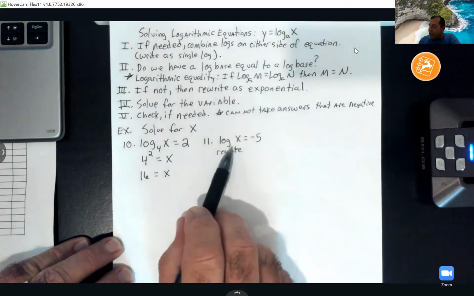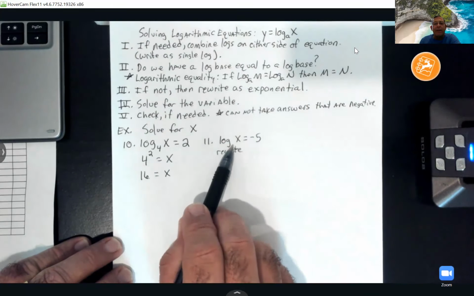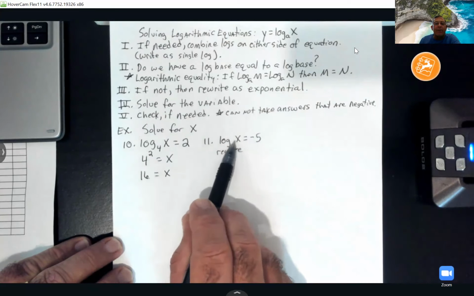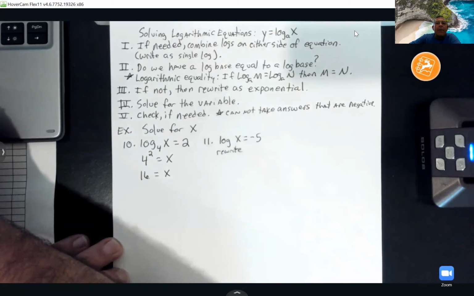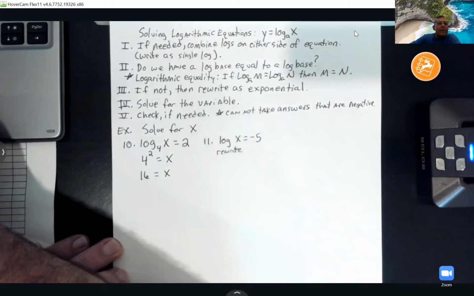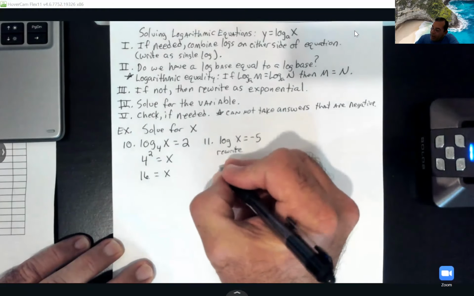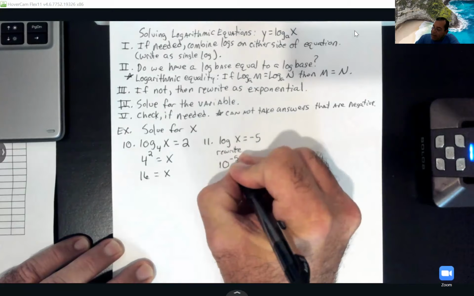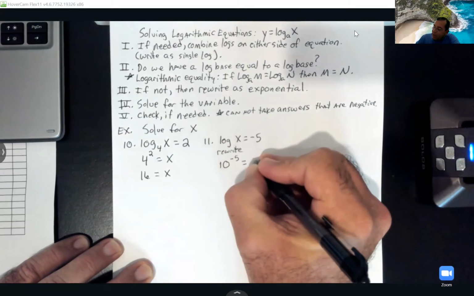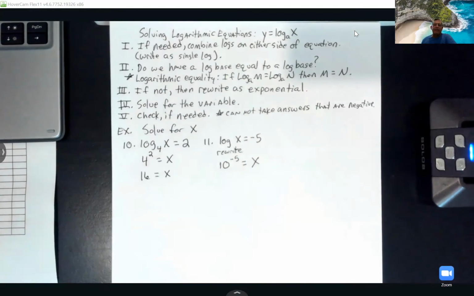Oh, but y'all, there's not a base here. What's the base of this logarithm if there's not a number here? All right, now let me catch my chat up. Y'all are saying 10, good job. So that'll be 10 to the exponent negative 5. That's going to equal x.